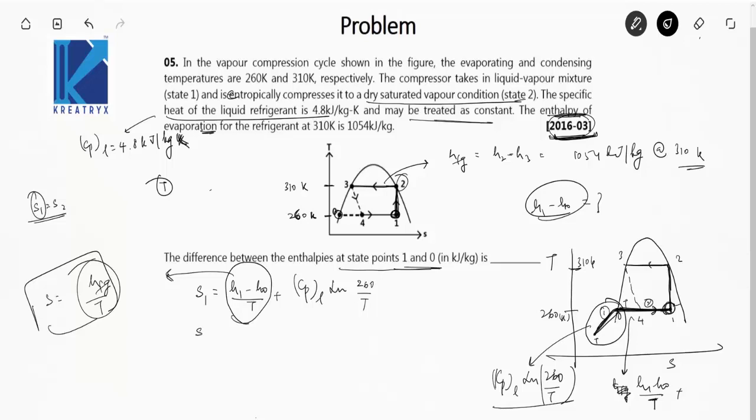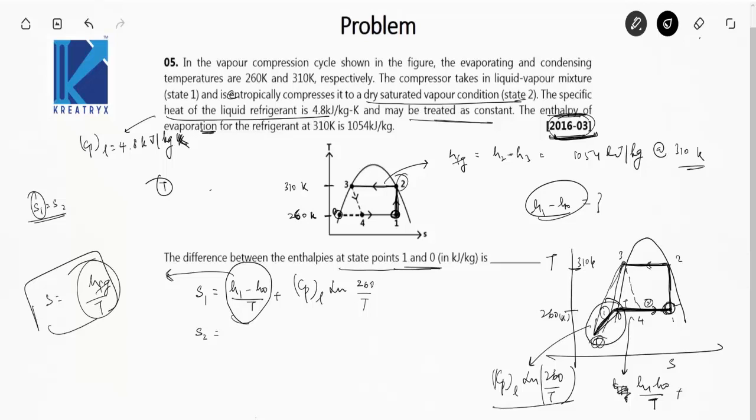Similarly, at point 2, S2 is equal to the entropy change from point 3 to T plus the entropy change between points 2 and 3.